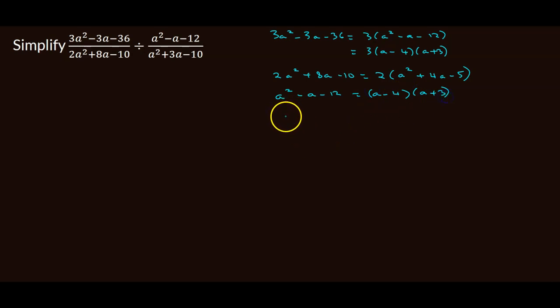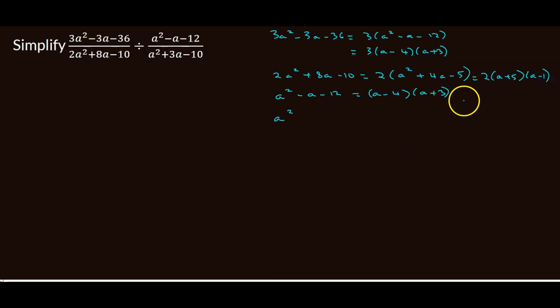And then finally we have a squared... Actually, I forgot to factor this one out. So this is going to be 2, a plus 5, a minus 1. Then here, the last one is a squared plus 3a minus 10. This is going to be a plus 5, and then a minus 2.